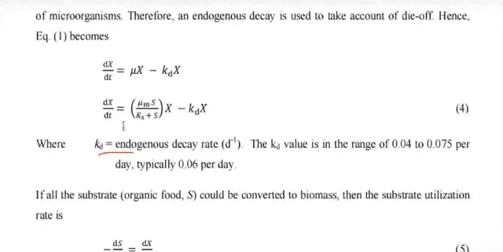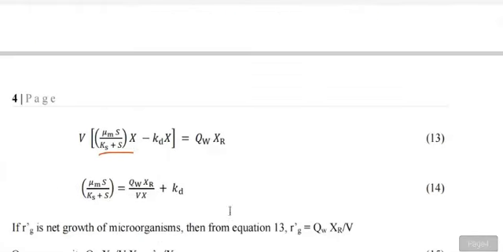You see here, this is the equation number 4. It is dx by dt is equals to mu m into s upon (k suffix s plus s) into x minus kd x. So we put equation number 4 in equation number 12, and we got equation number 13.